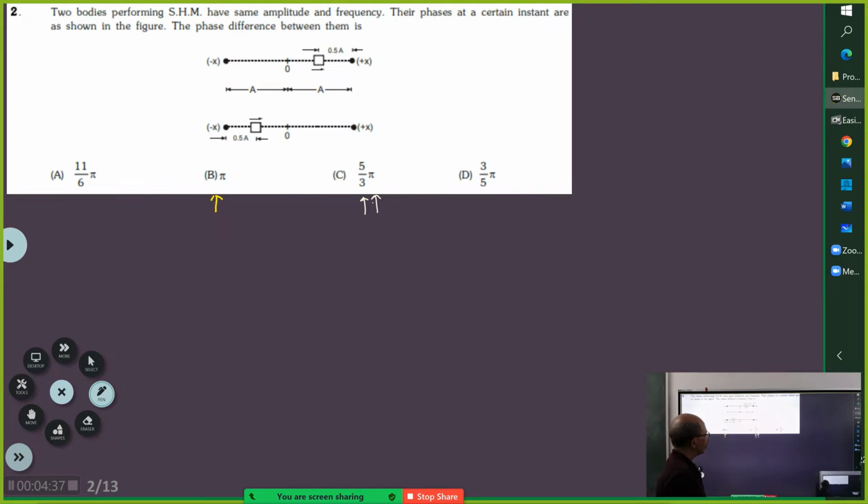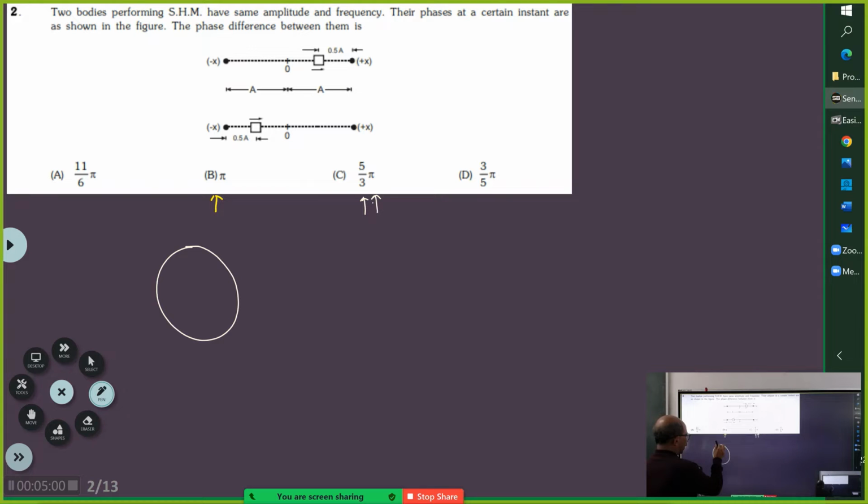Sir, I drew a phasor diagram. You drew the phasor diagram. Okay, now let me draw the phasor diagram. Help me. Tell me, what should I do? Sir, consider one circle. That will be the phasor, and draw the coordinate axis at the center, sir.